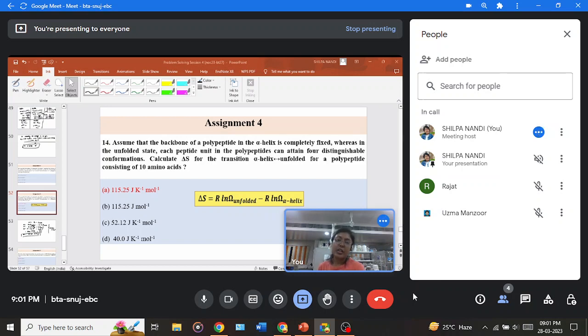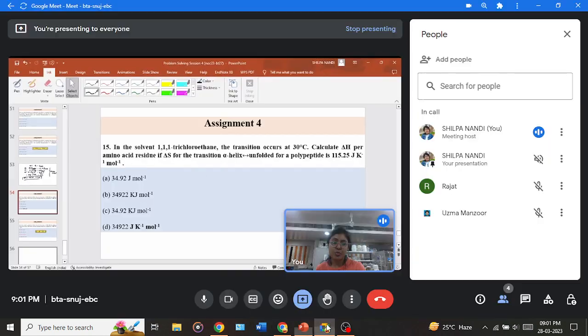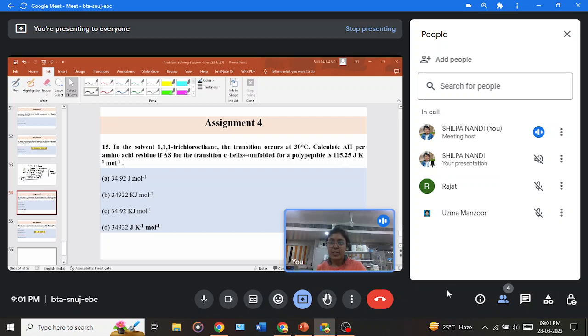Question number 15 is actually in continuation with question number 14, so I tried to divide it into two parts. Basically, question number 15 is: in the solvent 111 trichloroethane, the transition occurs at 30 degrees Celsius.